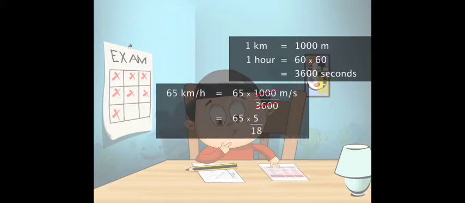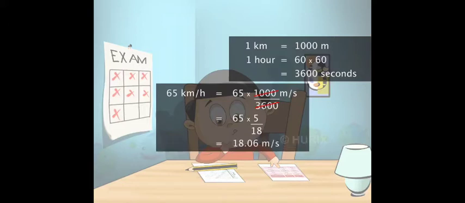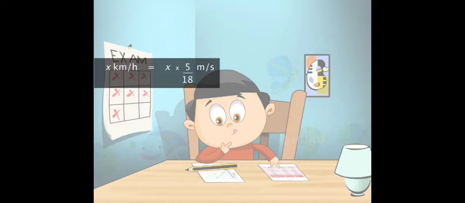Shown here is how 65 kilometers per hour converts into meters per second. To convert from kilometers per hour to meters per second, you can multiply the number by the factor 5 by 18.